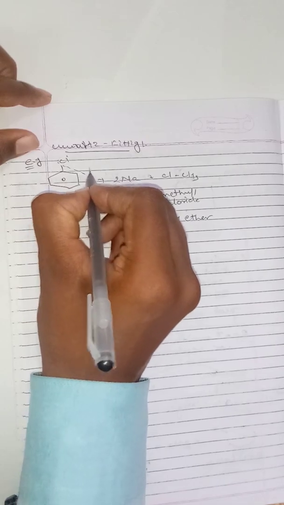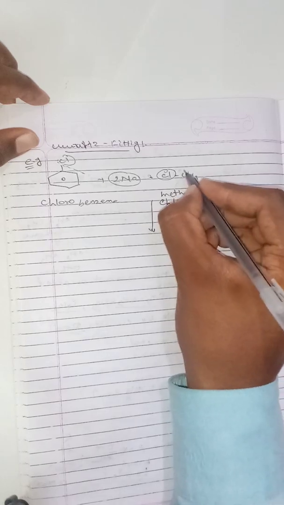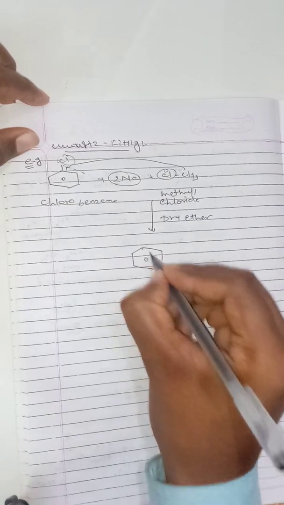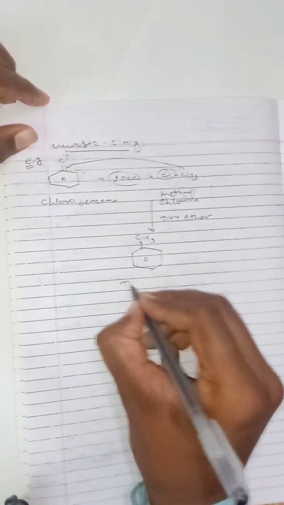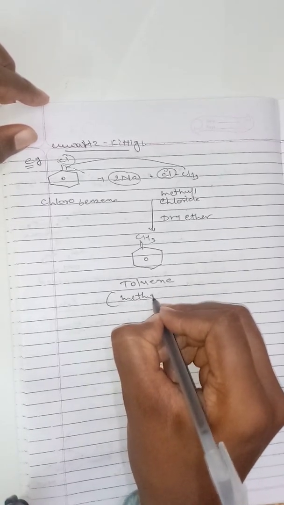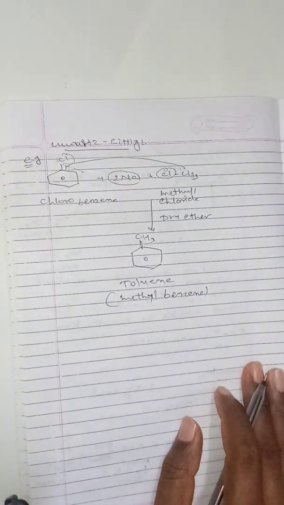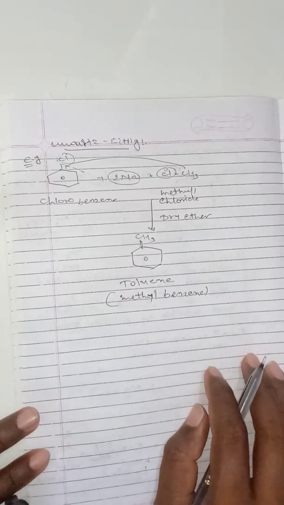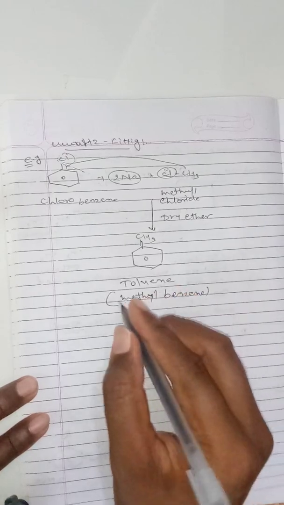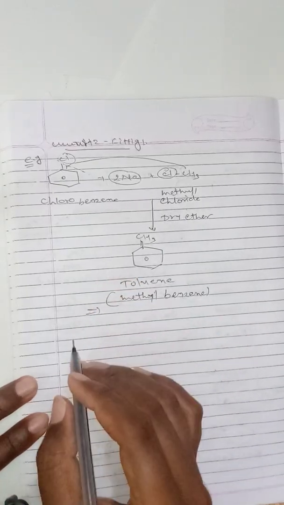This chlorine is removed, and this methyl group is attached to the benzene ring. The product formed is called toluene or methylbenzene. So from this equation, double the number of carbons is not prepared also.